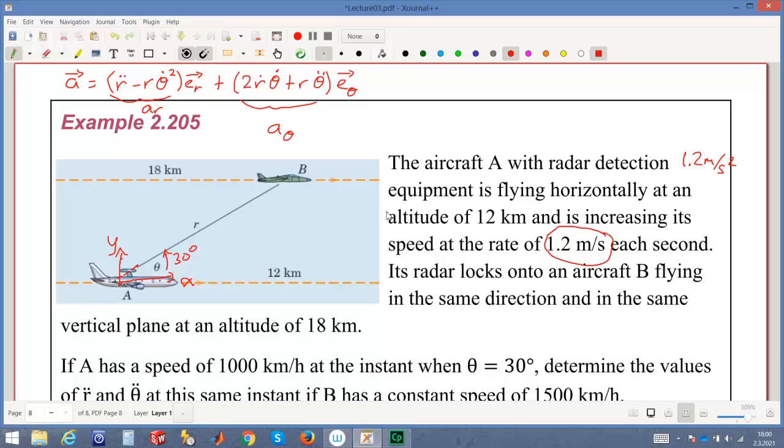Okay, now what we know here is that the type of observation done here is a relative motion measurement.